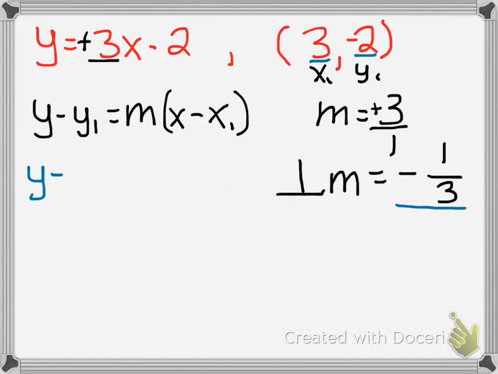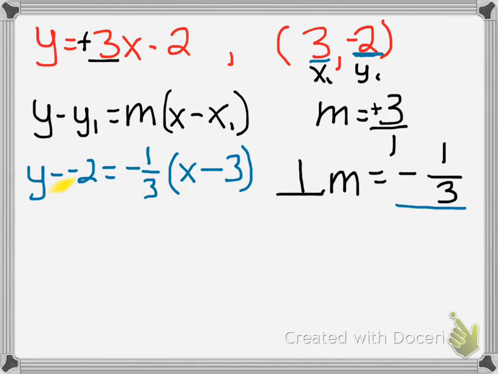Plug and chug. Y minus my y1, which is -2. Something special is going to happen there. Plug in my perpendicular slope here: -1/3 times x minus my x1, which is 3. Now, guys, right over here, let's go over here first in the yellow.